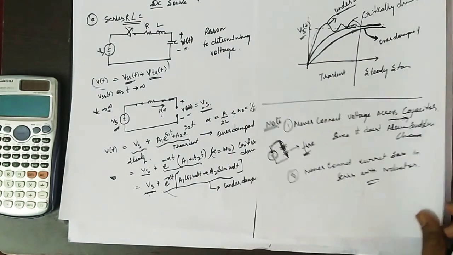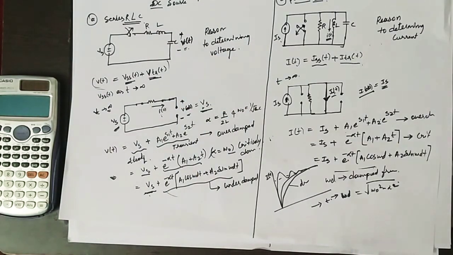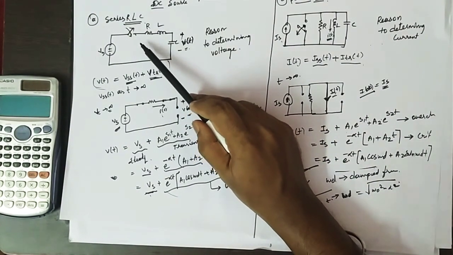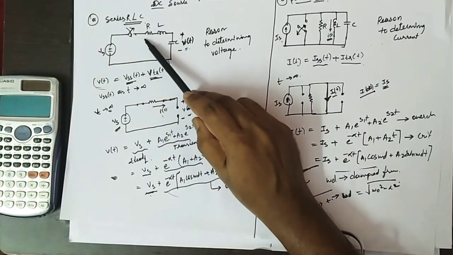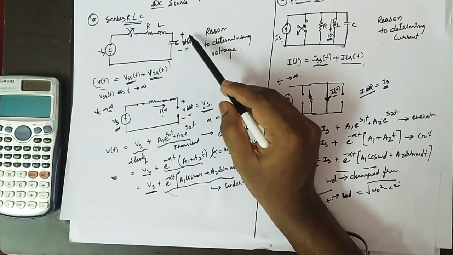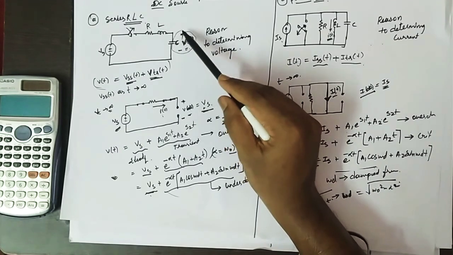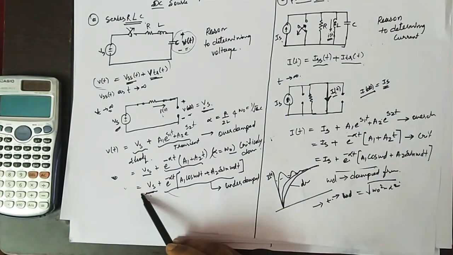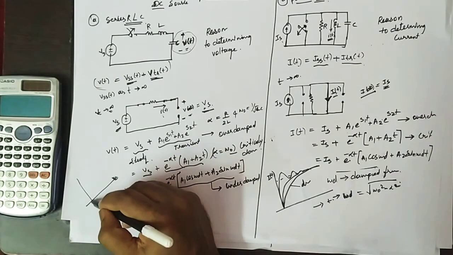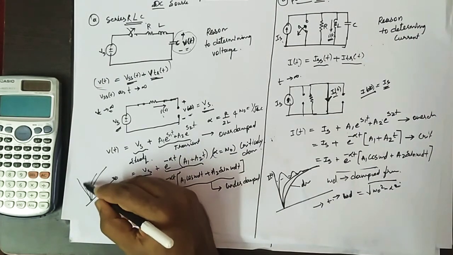In this session I'm concluding that for a source RLC series circuit, we find only the voltage across the capacitor. We take the response of the voltage across the capacitor, v(t), as steady state plus transient. The response will be overdamped, critically damped, or underdamped.